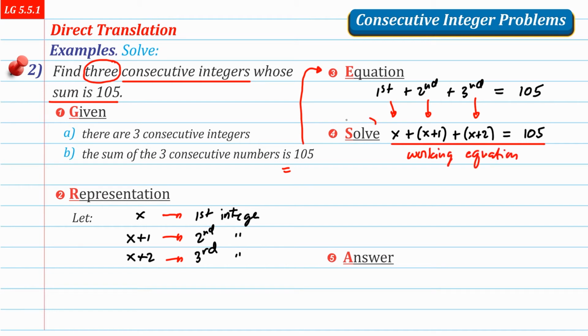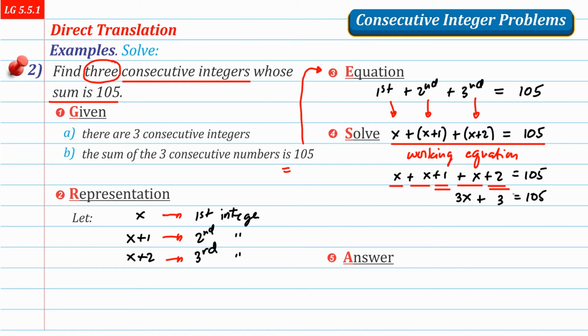So now you solve. Drop the parenthesis: x plus x plus 1 plus x plus 2 is equal to 105. Combining like terms, x plus x plus x is 3x, and combining the constants, 1 plus 2 is plus 3.